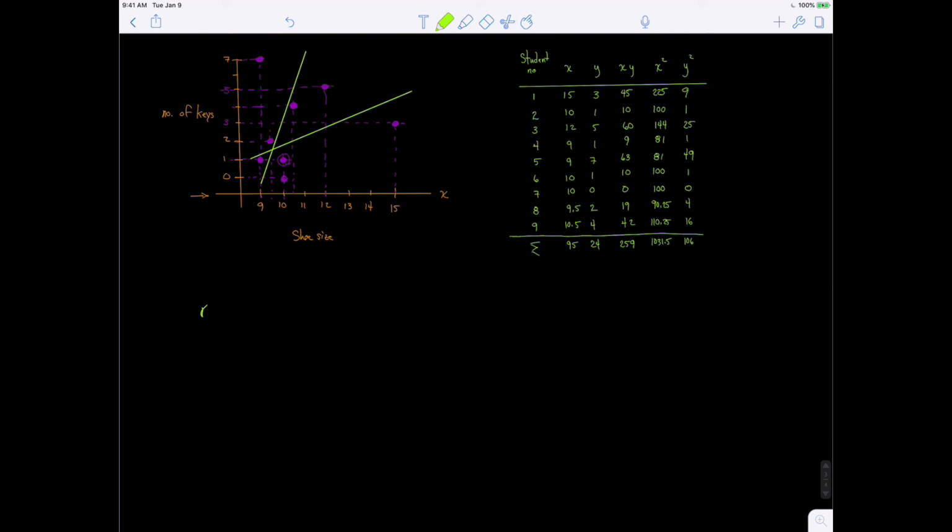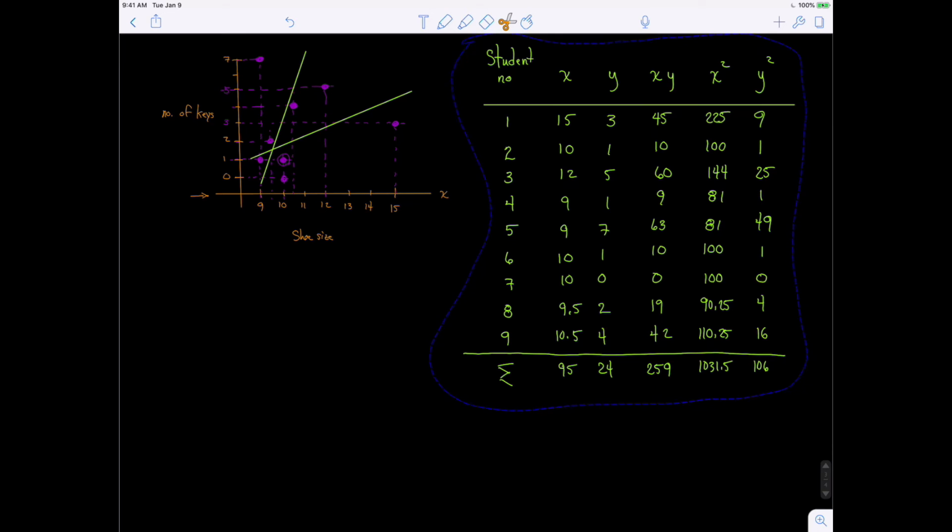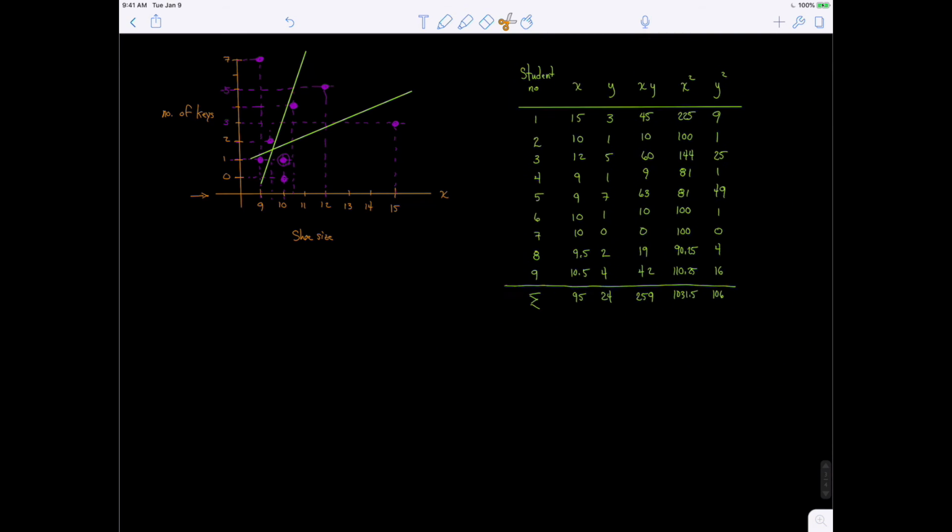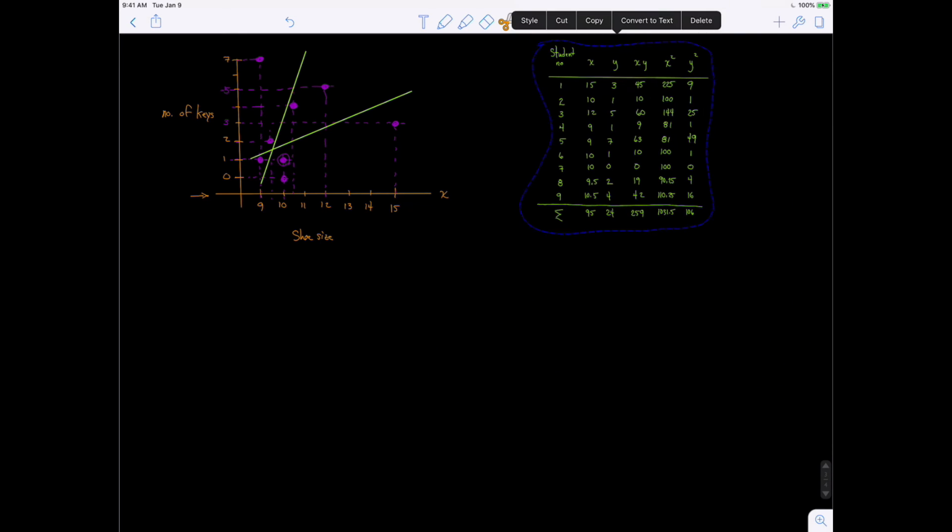Well, remember that R is, and I'll write it again because I think it's just good to see it. R is n times the sum of the xy's minus the sum of the x's times the sum of the y's.